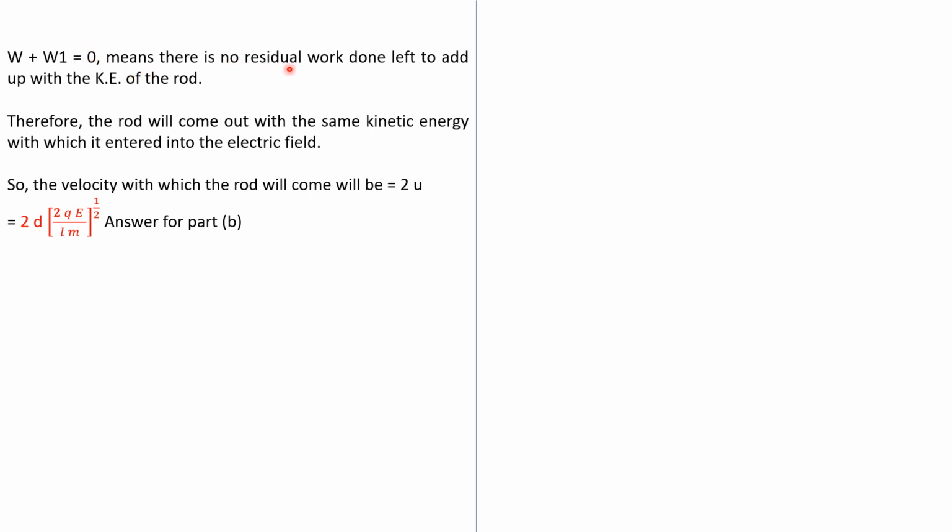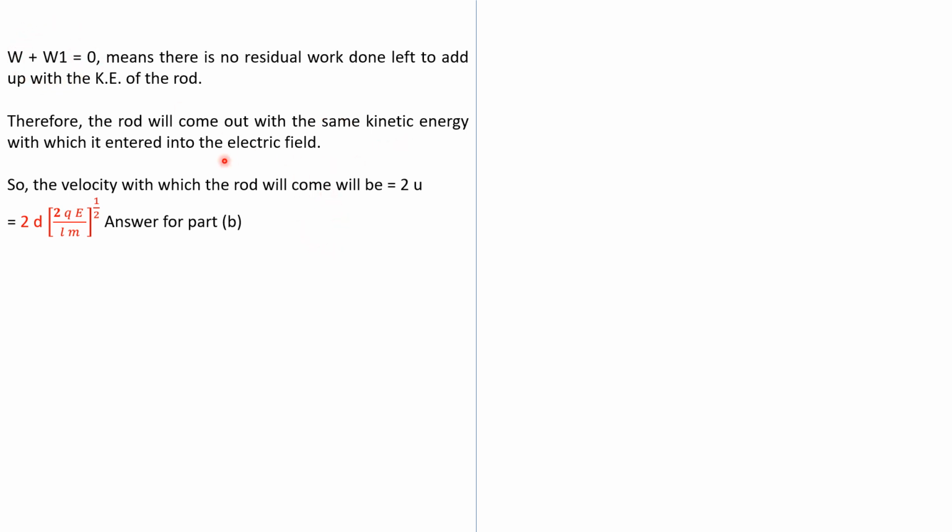It means there is no residual work done left to add to the kinetic energy of the rod. It means the rod will come out completely from the second section with the same velocity with which it was projected, because kinetic energy is the same, no additional work done, so no addition of energy.